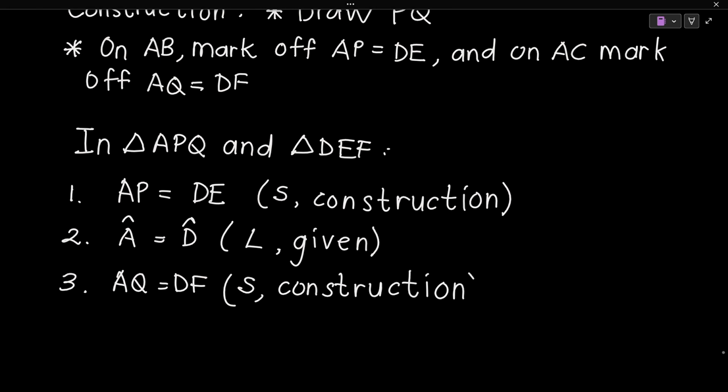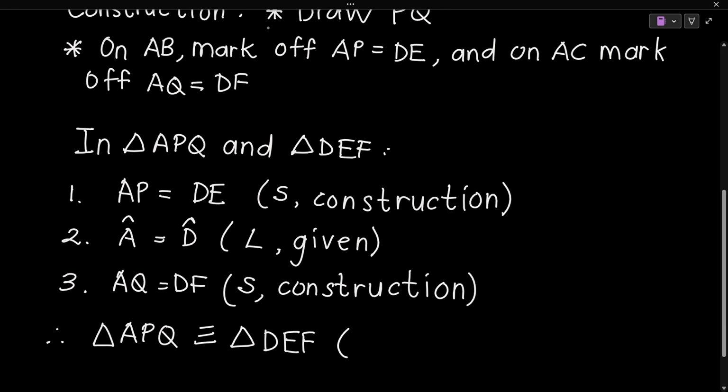Now, since we have these three valid reasons, we can conclude and say that therefore, triangle APQ is congruent, and remember, congruency is three horizontal lines. It's congruent to triangle DEF.